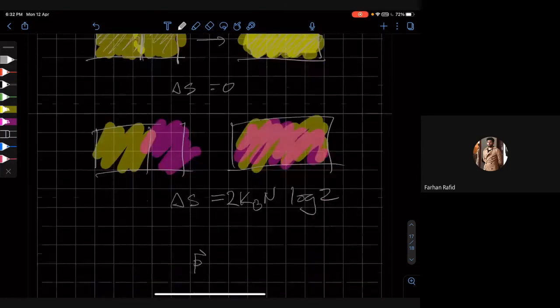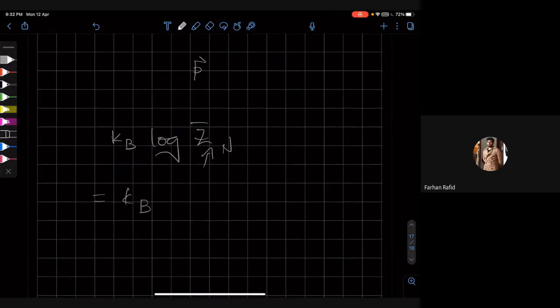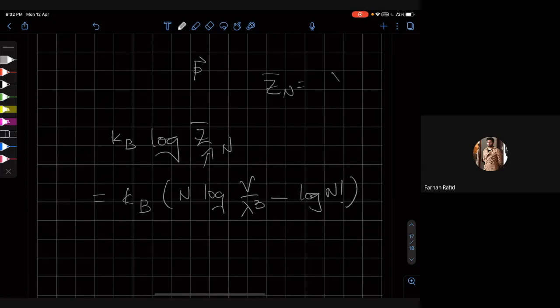So we can write this as n log of v by lambda cubed minus log factorial n, right? Because Z bar of n is v to the power n divided by lambda cubed to the n, by n factorial, right? So we can write this like that.